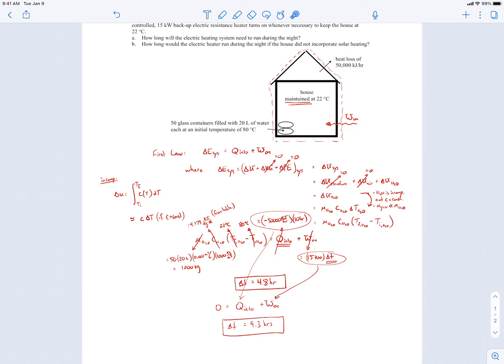The electrical work was just the power that we were given, the 15 kilowatts times the delta T, and the delta T is what we solved for. And then the second part of the problem, we didn't have the water in the system, so this part was gone, and so just the heat and work needed to be balanced. So that's what this term came from. So that's how we found part B. Okay, we'll end the example there.